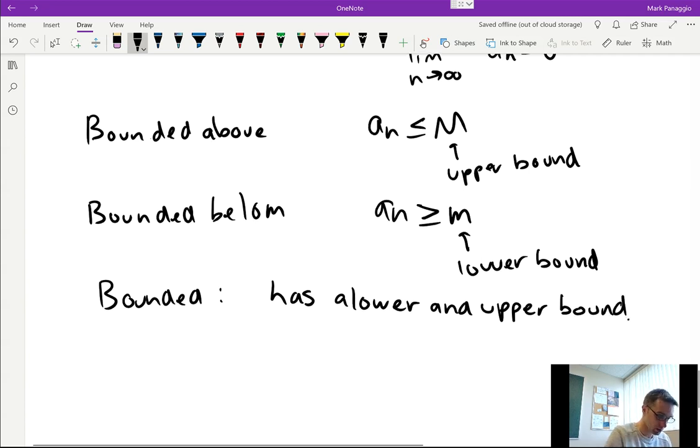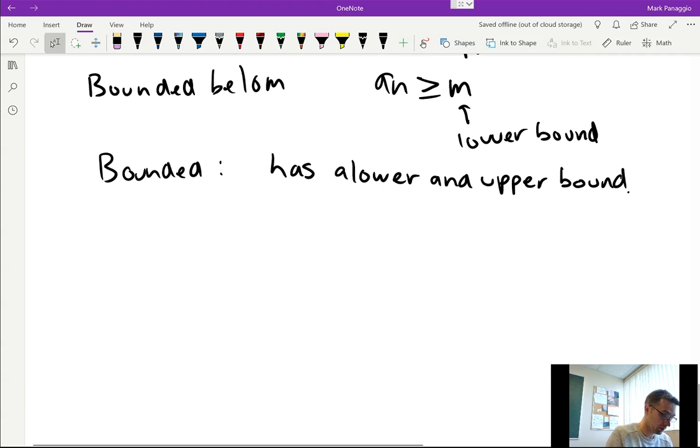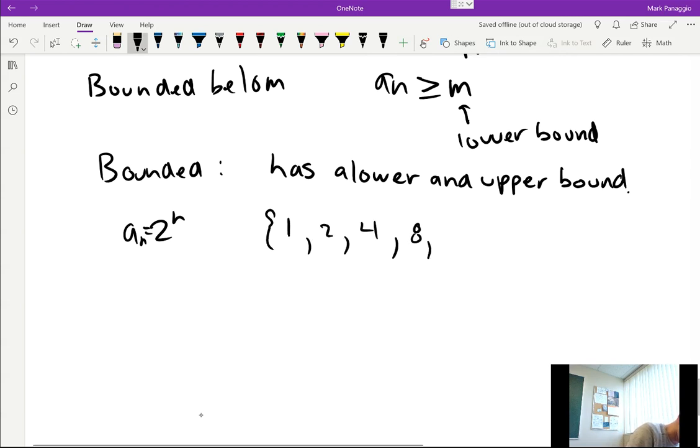Just to look at a quick example, think about the sequence 2 to the n, where the terms are 1, 2, 4, 8, 16, and so on. This sequence is certainly bounded below. One lower bound would be 1, right?